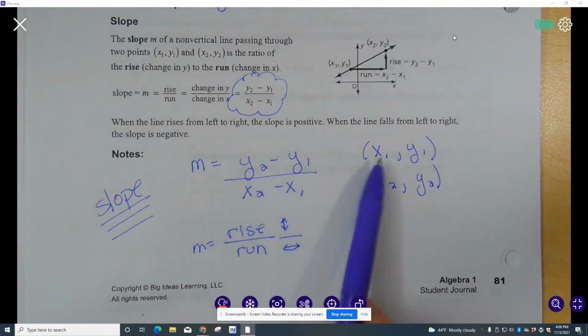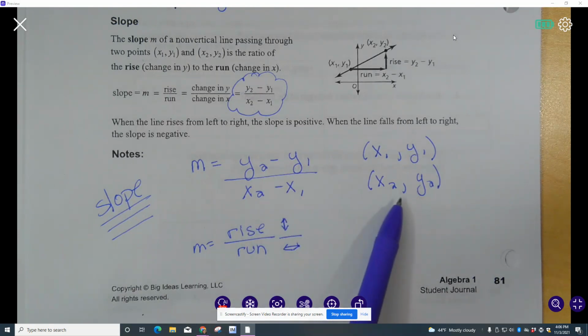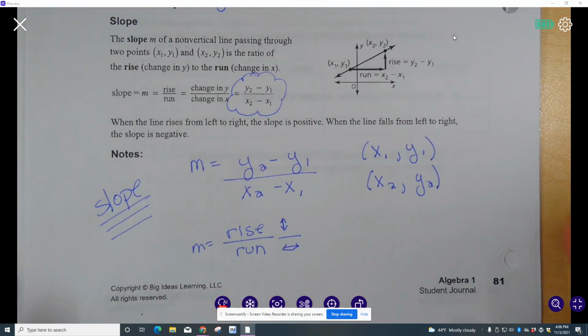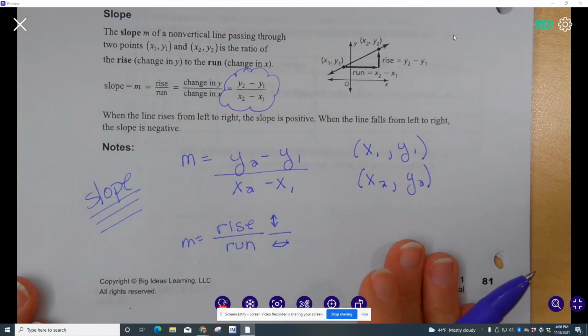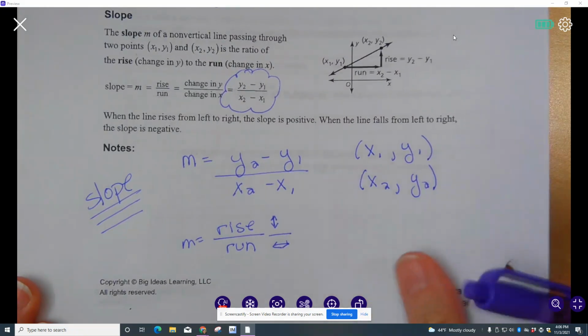So these are the y values from 2 coordinate points, and these are the x values from 2 coordinate points. So you need 2 points to find slope every single time. Again, if you need to, pause the video and make sure all this is in your notes. So remember, I am not reteaching this, so you need to make sure you take good notes on this.